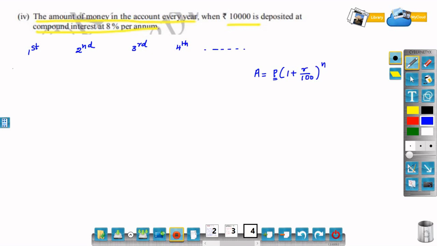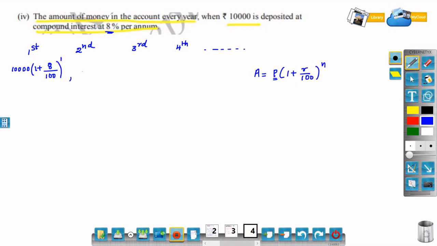For the first year, the amount deposited is 10,000 into 1 plus the rate of interest, 8 per annum, so 8 by 100, and number of years 1.